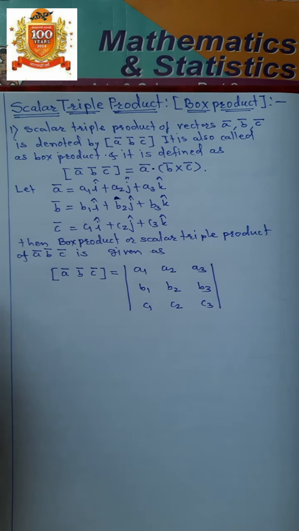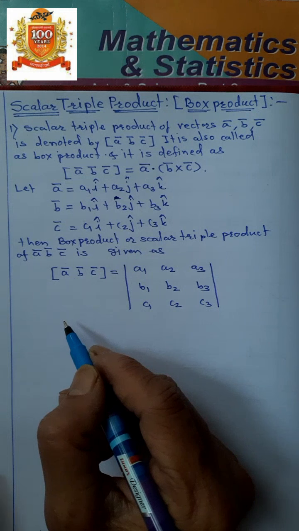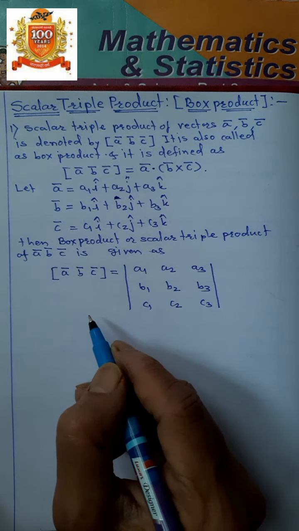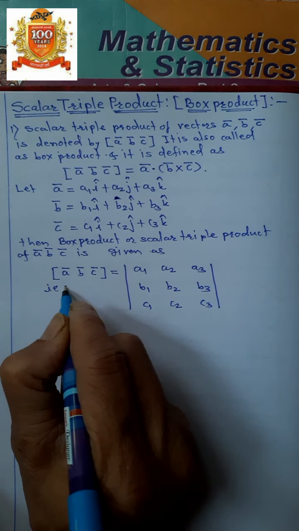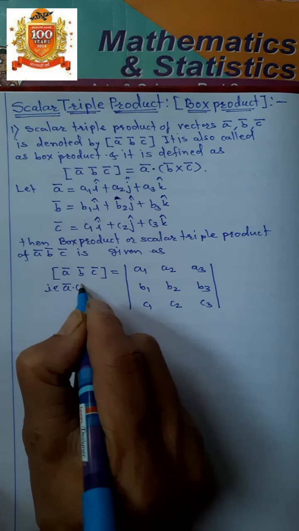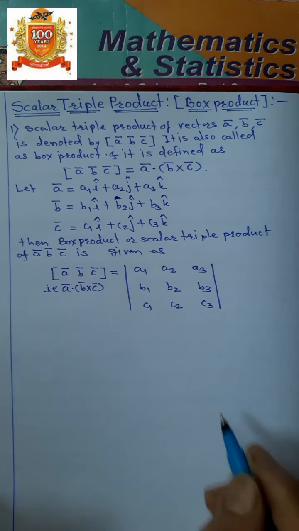If we find this determinant, we get box product of a bar, b bar and c bar. That is a bar dot b bar cross c bar. Isn't it?